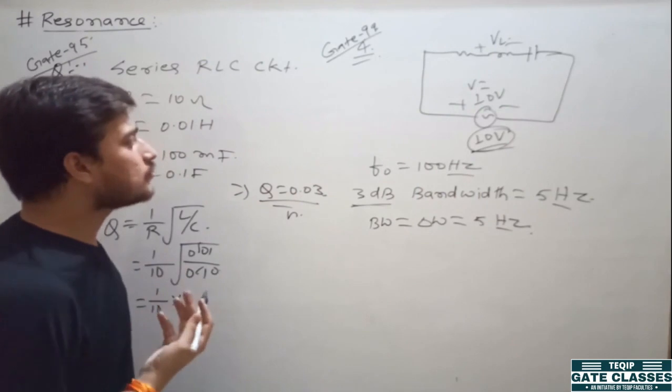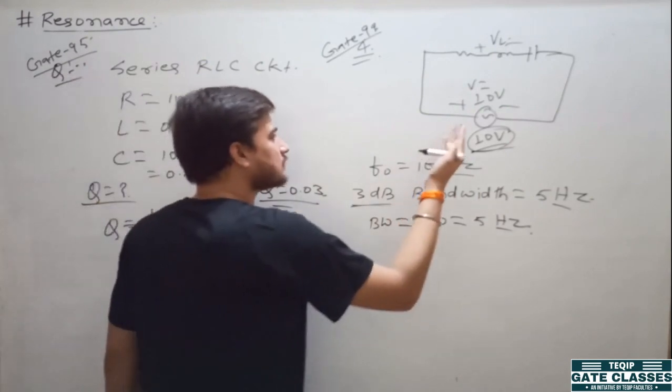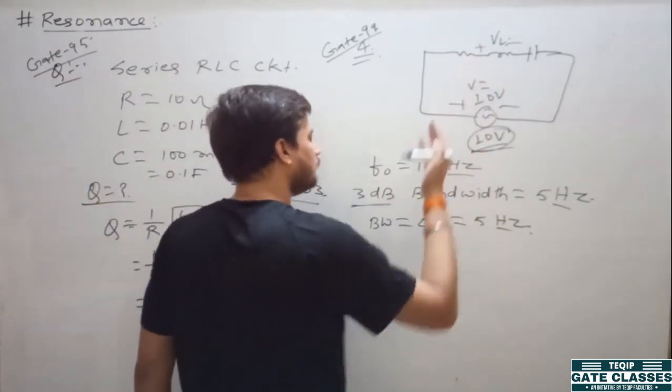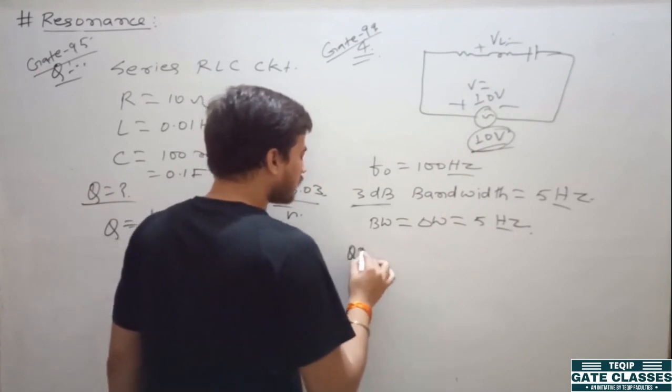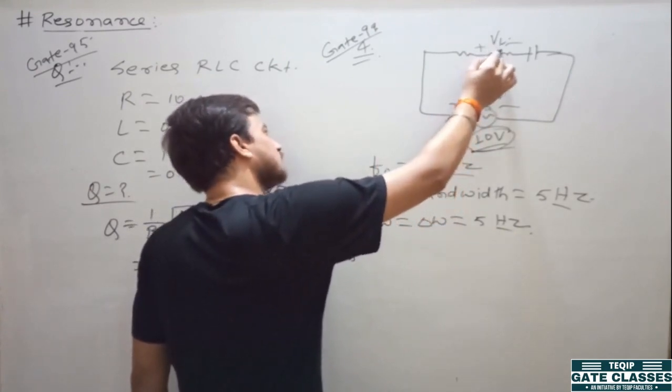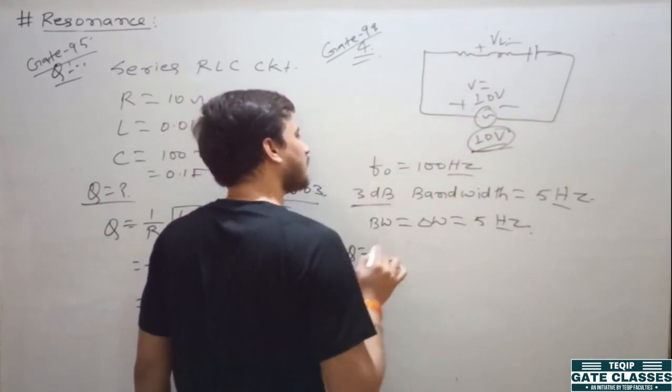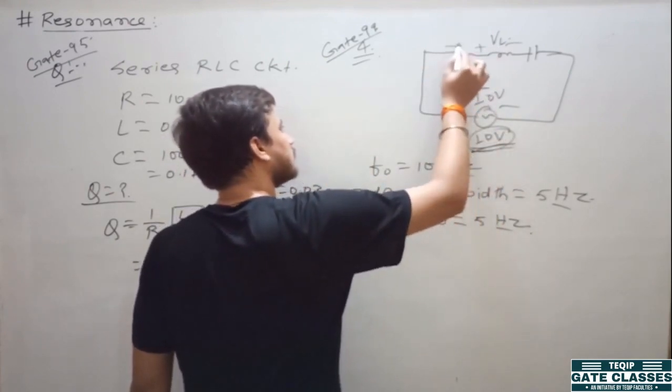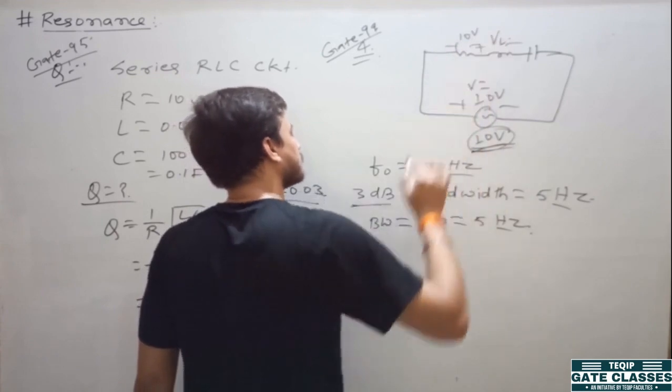So how can you find VL? See what is the relation between V and VL. You have defined one term, quality factor. It is equal to energy stored divided by energy dissipated. Here if it is 10 volt, here also it will be 10 volt across the resistor.